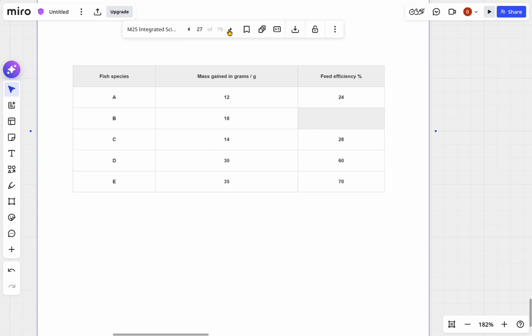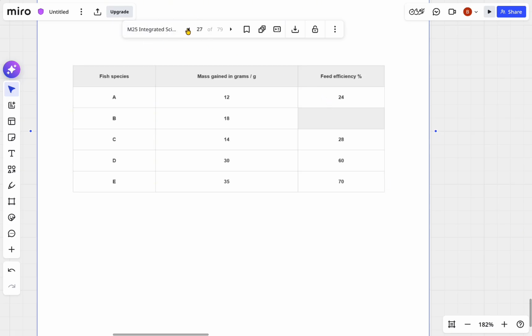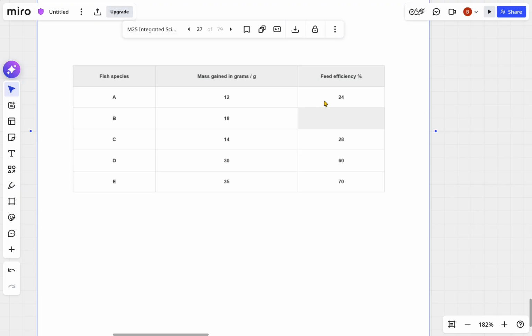So now let's look at the question. Calculate the missing value in the table above. So to calculate the feed efficiency, let's just use our formula. The formula is mass gained by the fish by the mass of food provided into 100%. The mass of food provided over here is 50 grams. We know that this is fixed. 50 grams of food was provided for each of the species of the fish over the course of the study. So we have the mass of the food as 50. Now let's look at the mass gained by the fish. The mass gained by fish B is 18 grams.